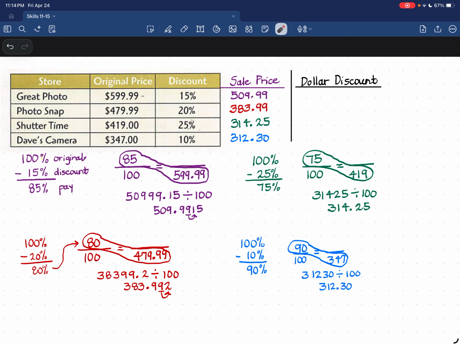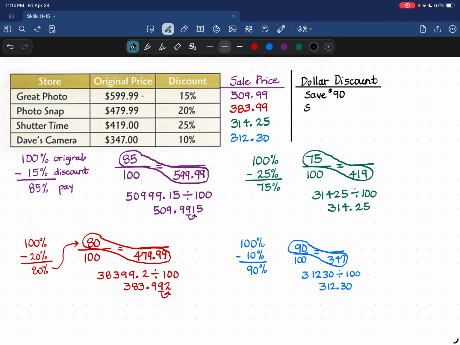So $599.99 minus $509.99 is a dollar discount of $90. So if you choose to go to Great Photo, you will save $90. If you go to PhotoSnap, you have $479.99 minus $383.99.